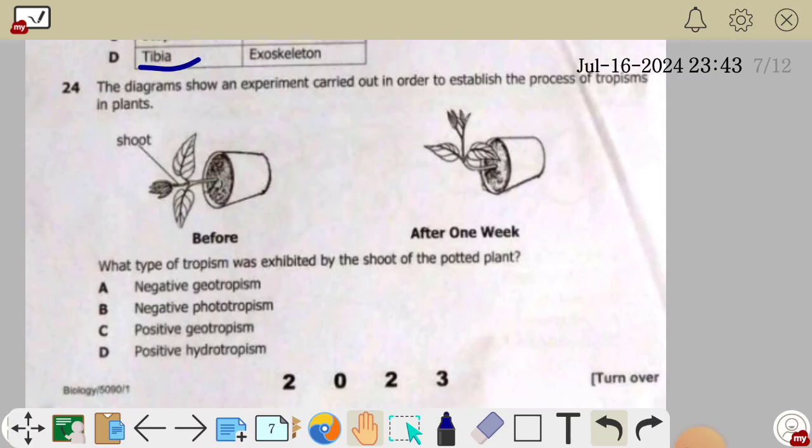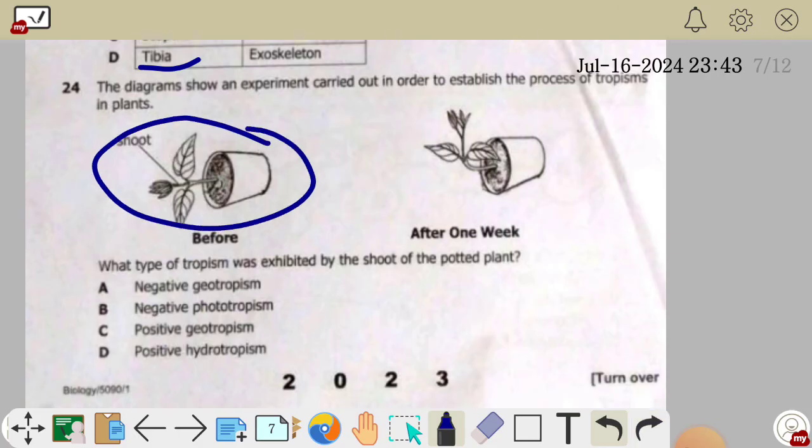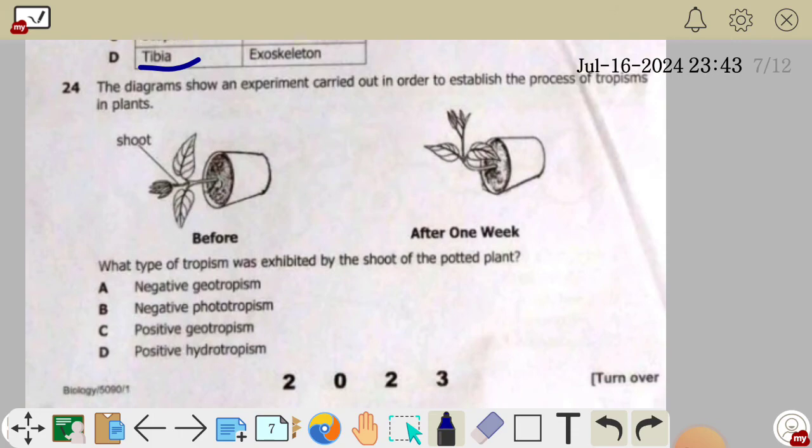Question 24. The diagram shows an experiment carried out in order to establish the process of tropism in plants. So this is done in order to investigate the process of tropism in plants. What type of tropism was exhibited by the shoot of the potted plant?